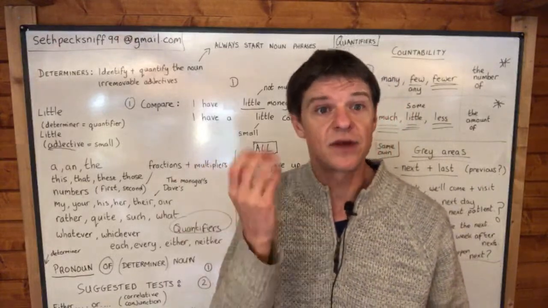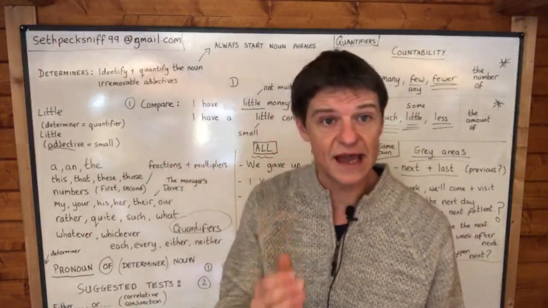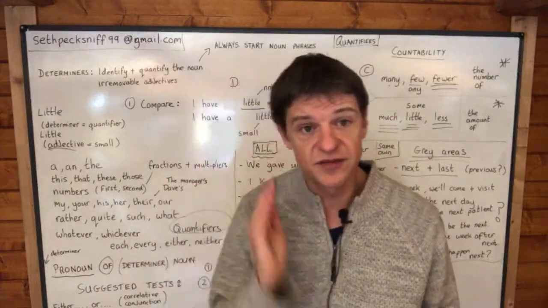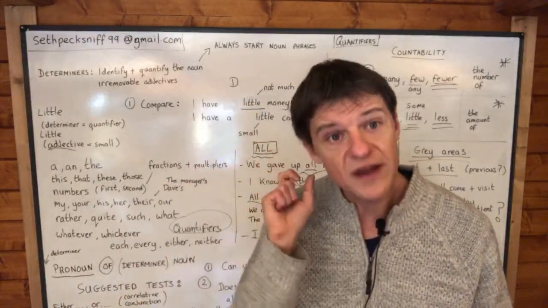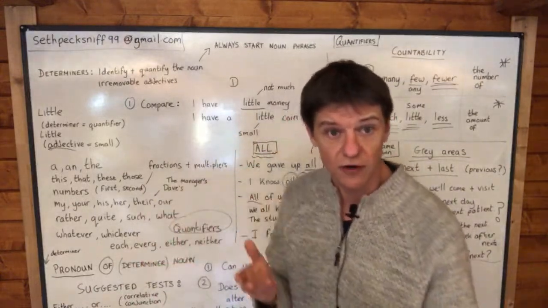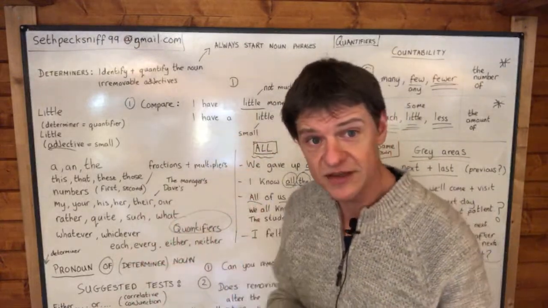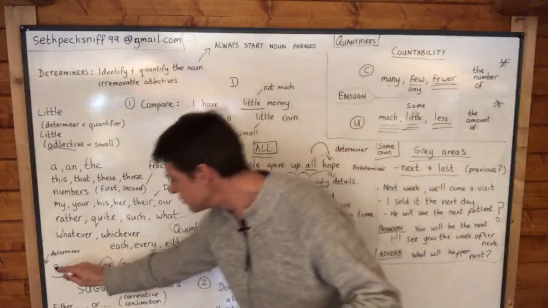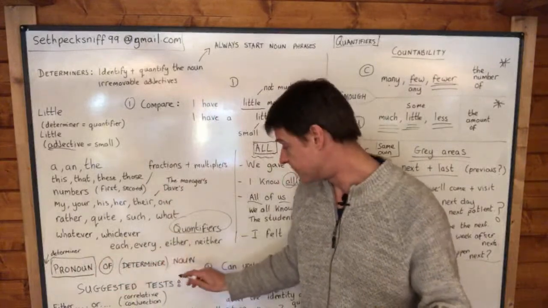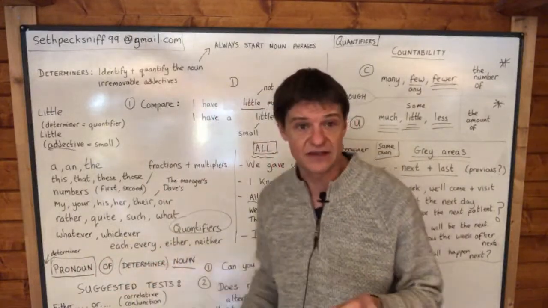If you think about the King of France, the capital of Spain, the rate of interest, the speed of delivery, you always get noun of noun, because of the way the word of functions, it's a preposition. So this is always going to be a noun before of, and it's always going to be a noun after of, but you very often have a determiner there first.